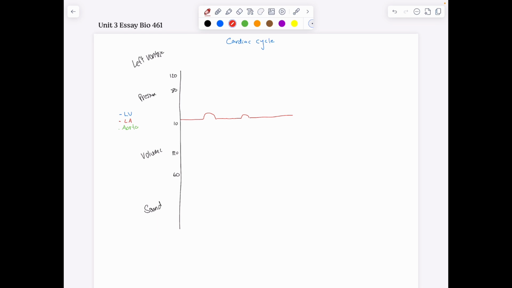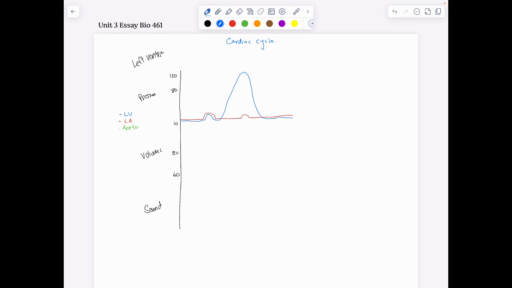Since blood flows from high to low, to begin, the ventricle is going to have a little less pressure than the atrium, and it's going to follow the same path. But then here it goes, and it'll exceed the pressure of the atrium, and it'll get shot up until it hits like 120, and then it'll drop back down and go back below the atrium.